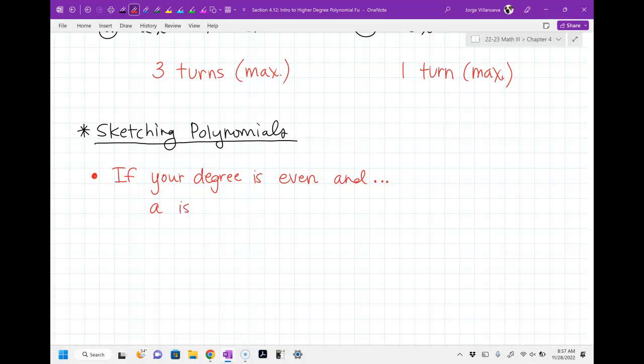Now, if you're wondering what A is, I'll tell you right now, because you're supposed to already remember about your coefficients, but right now I'll mention it. And A is positive. All right.